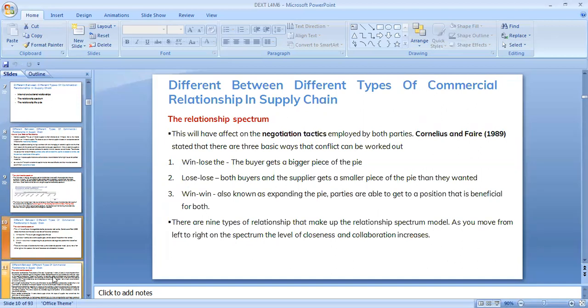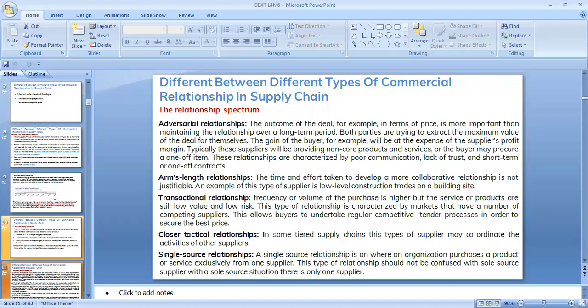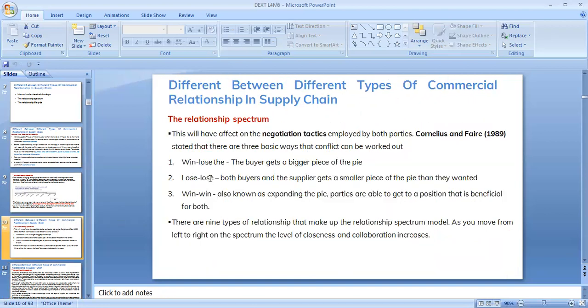Adversarial here is talking about a relationship in which you don't care that much. You're just looking at beating the price down as low as possible. So that is your strategy. You're coming up with a win-lose strategy. You want to make more from the supplier. Whether they lose, you don't care. But as we keep traveling from the adversarial up, we could be changing.